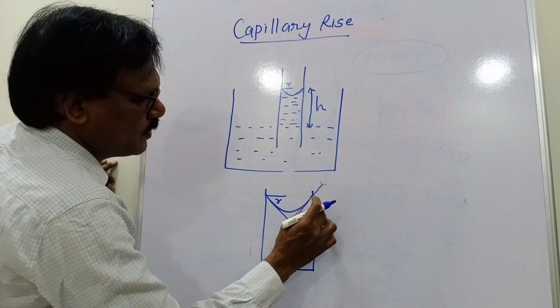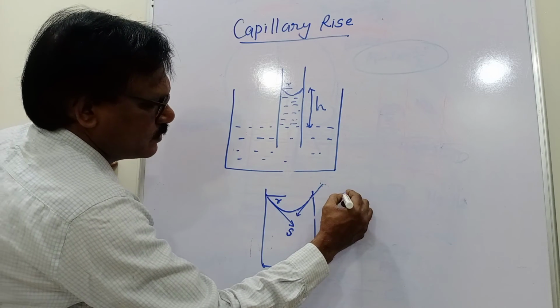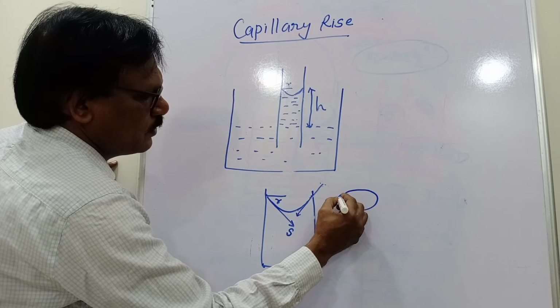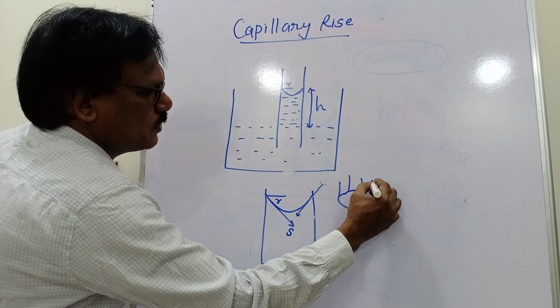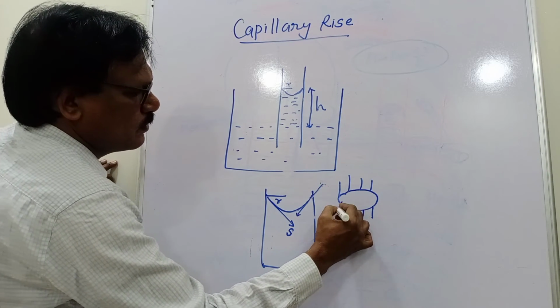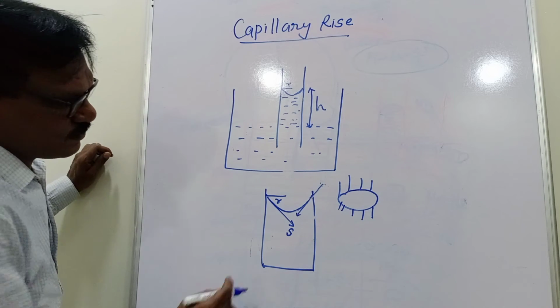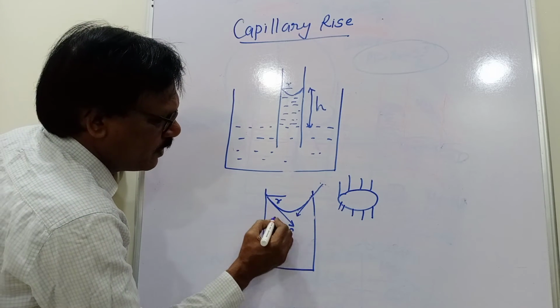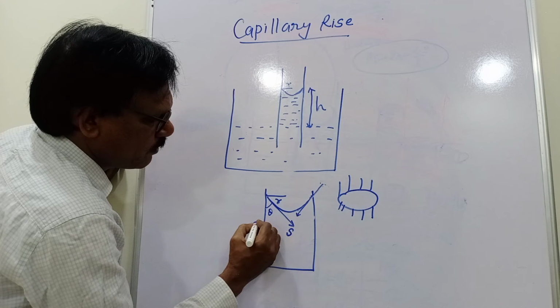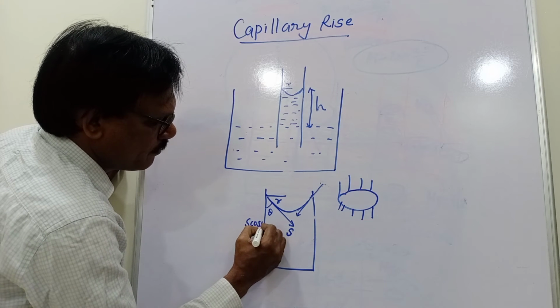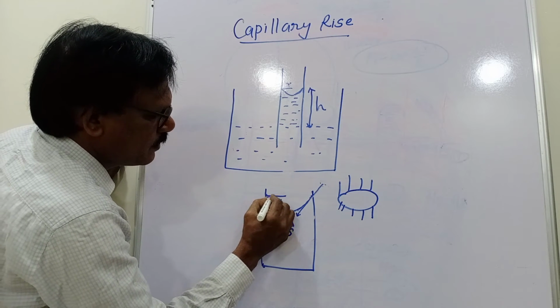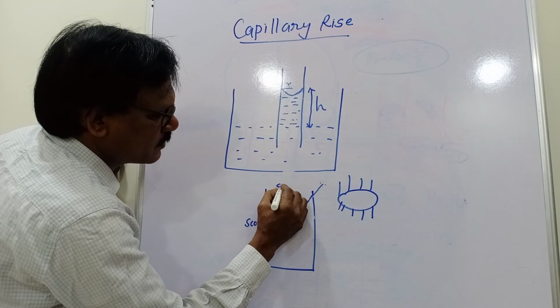So if we make the complete circumference, it will be like this. This S will have two components. One will be S cos theta, in this direction, and in this direction it will be S sin theta.